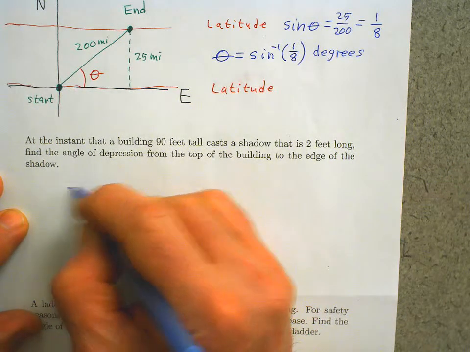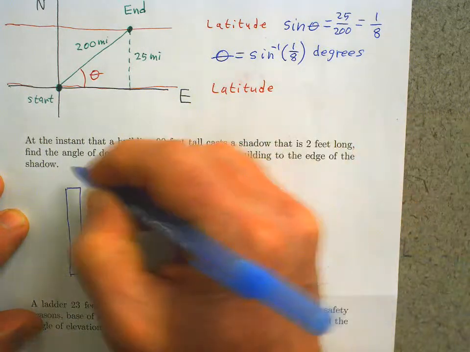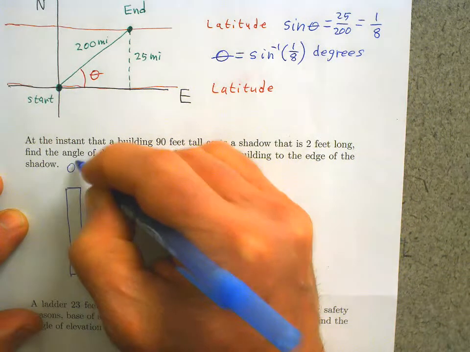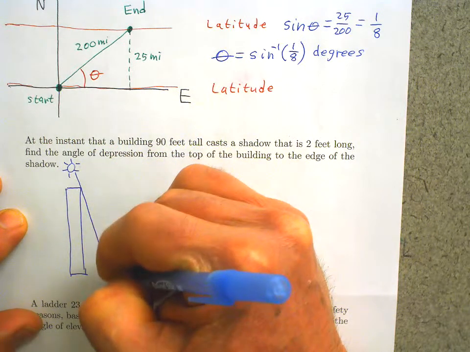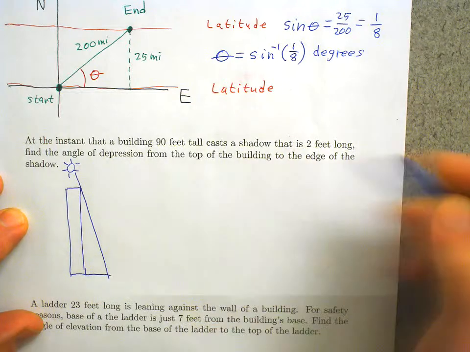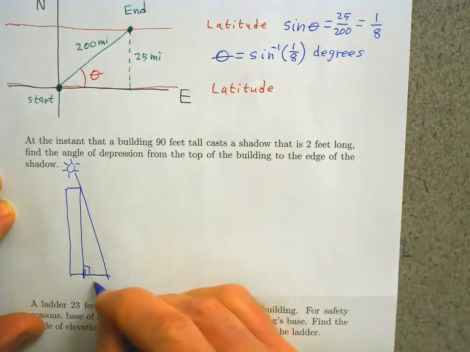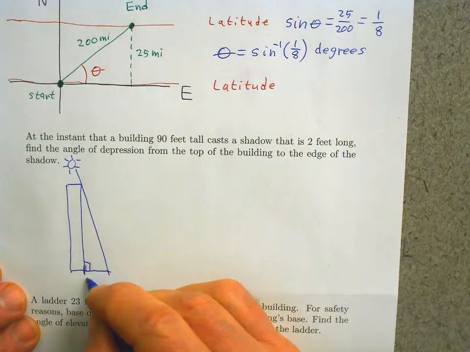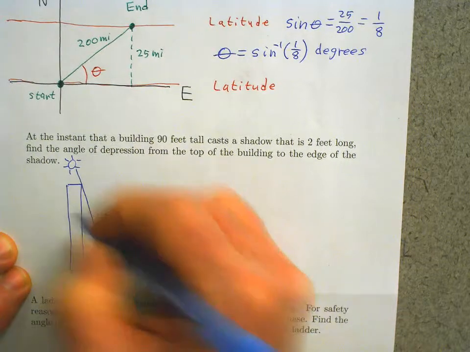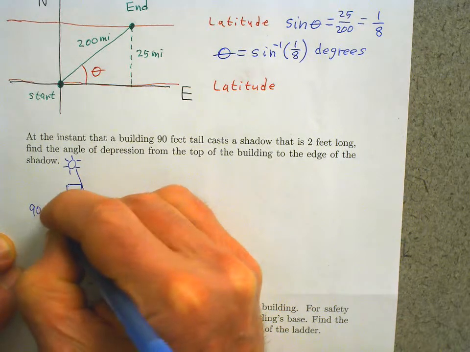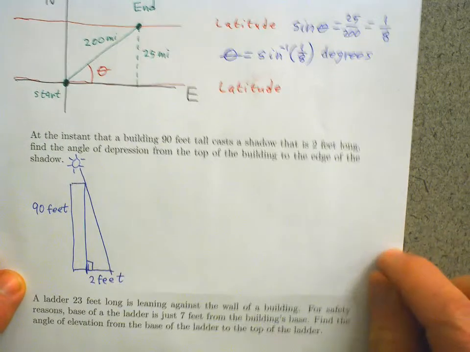Okay, so if we have a building and the sun casts a shadow, the shadow is 2 feet. The height of the building is 90 feet. And it says find the angle of depression.